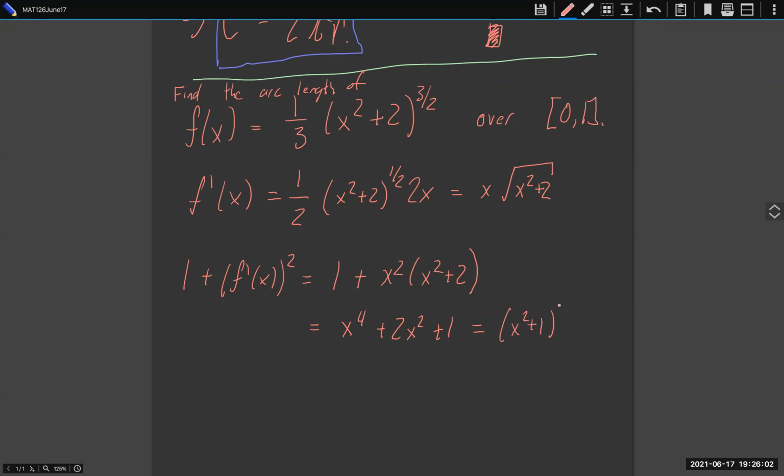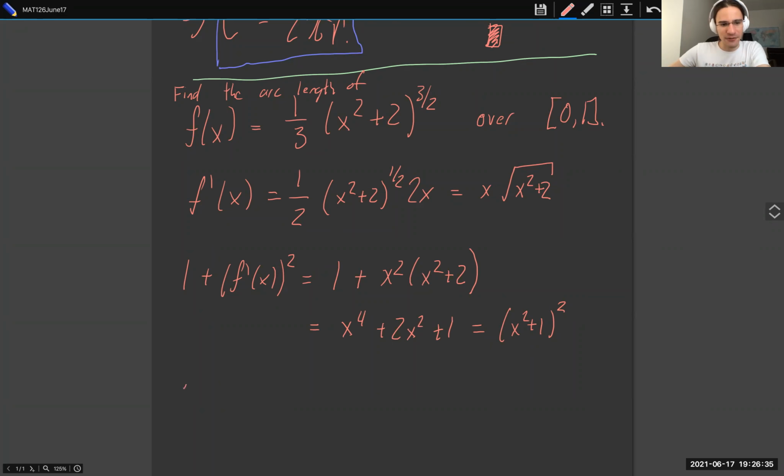Exactly. So why do you recognize this? Because if you look at x squared plus 2x plus 1, you know how to factor this. This is ingrained in your memory. We factor this very frequently. And so here we just replace x with x squared and we get this. But okay, why is this good? Because we want to take the square root of this expression, right? And so we're taking the square root of a perfect square.